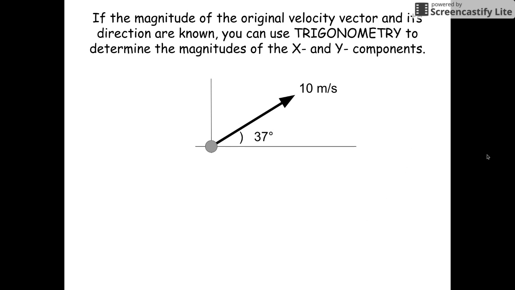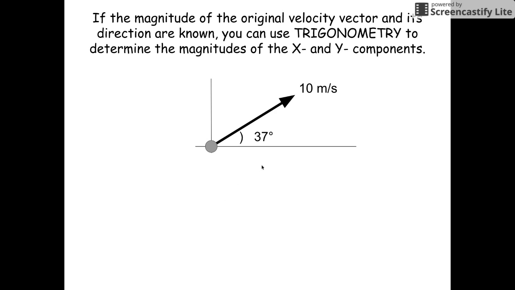Now, if the magnitude of the original vector and its direction are known, you can use trigonometry to determine the magnitudes of these components. So here's where we get mathematical. So let's say that we know that the vector is 10 meters per second. That's its magnitude. Let's also say that we know that it's at 37 degrees above the horizontal. That's a very standard angle to give in projectile motion problems.